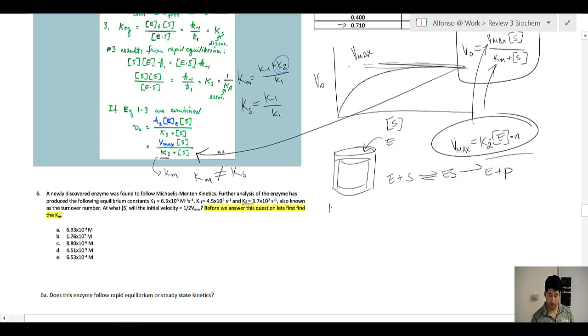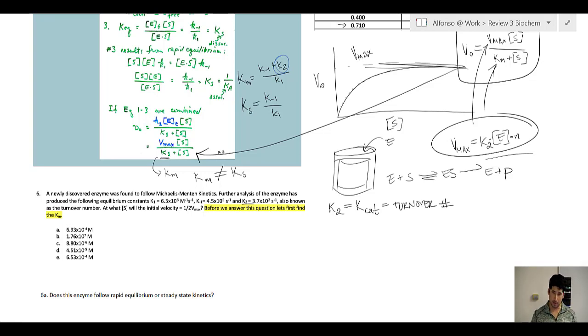So K2 is equal to Kcat almost always for you guys, which is equal to the turnover number. All right.